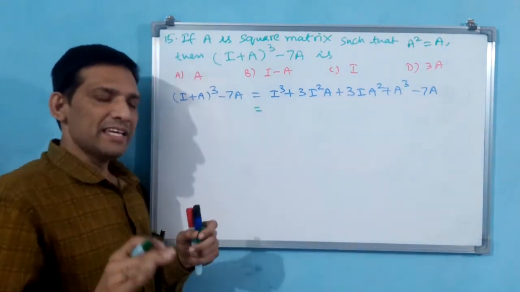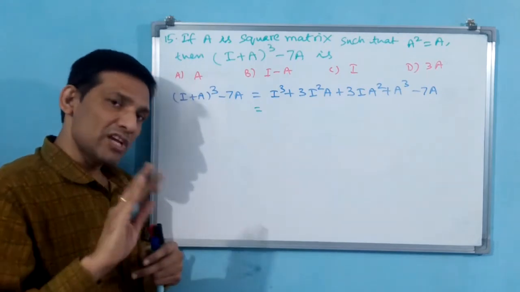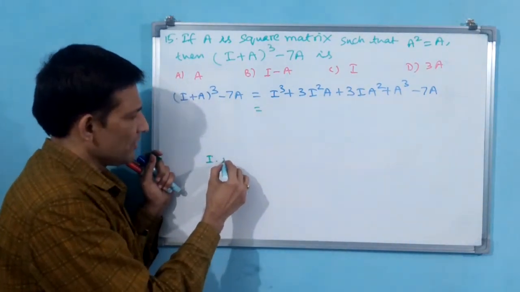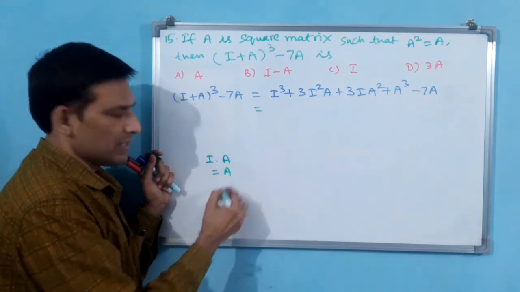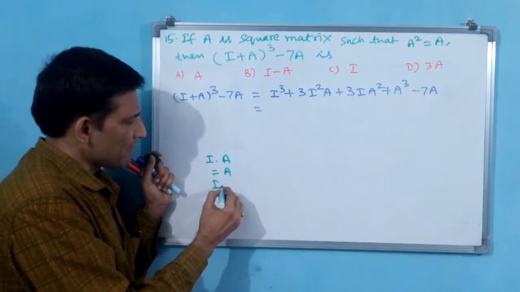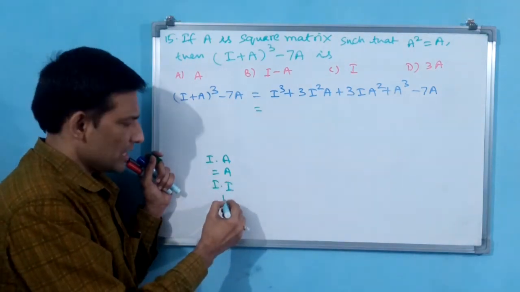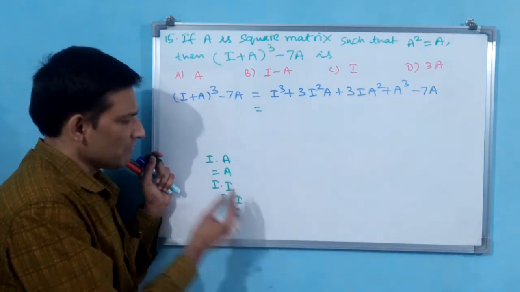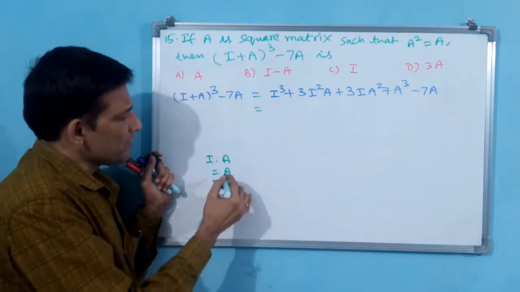You see, if you multiply I with any matrix, the same matrix will come. I into A is equal to A, this we know very well. Because this is the identity matrix, I into I only will come, again I into I only will come.